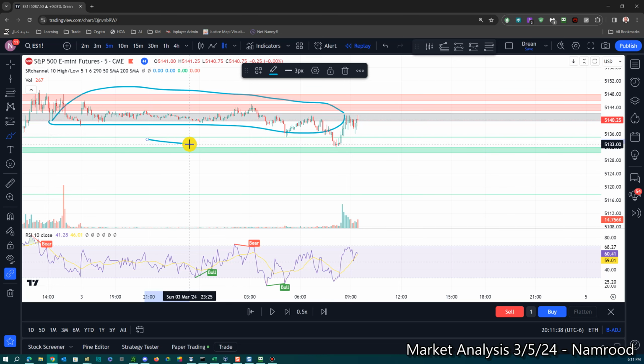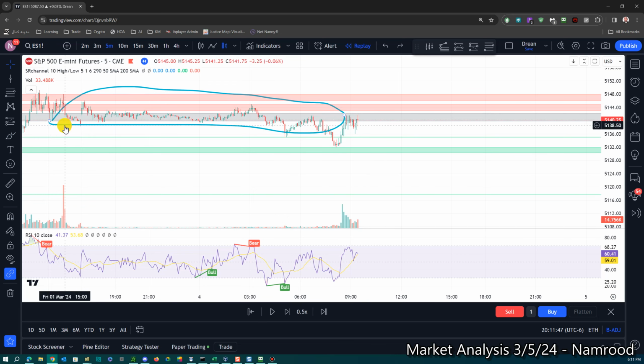And typically, and I think I told you last time we met, I think it was Saturday or Sunday, I expect a correction to happen in the market, because we have been here for a long time and we were not able to break this resistance.